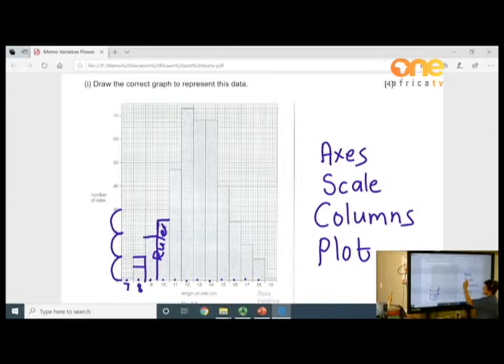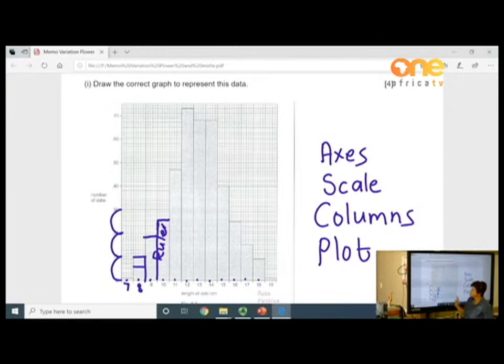So you get for axis the name with its unit on X and the name with its unit on Y. That is your axis mark. Then scale so that the distance is the same. And look at the 7, it's in the middle. Now, we write it in the middle for the name of the column.